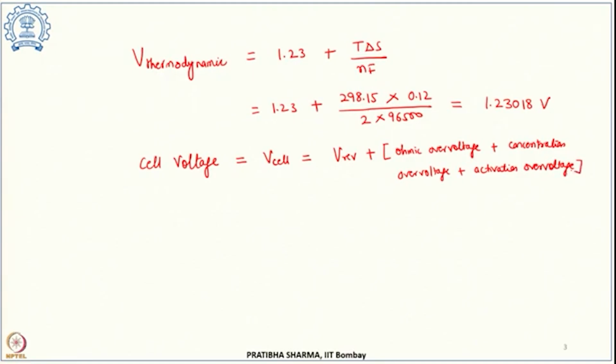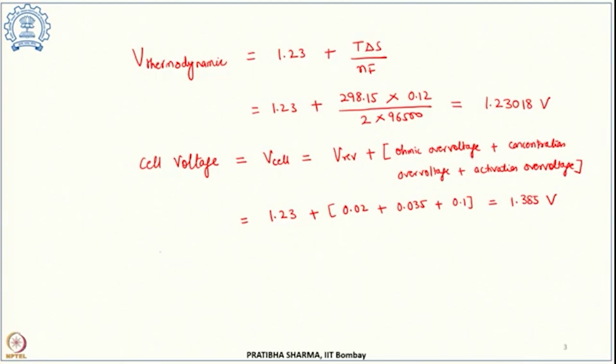A sum of these three. Reversible cell voltage is 1.23 volt, and we sum up the rest of the overvoltages. So, ohmic overvoltage, the concentration overvoltage and activation overvoltage, and this comes out to be 1.385 volt.